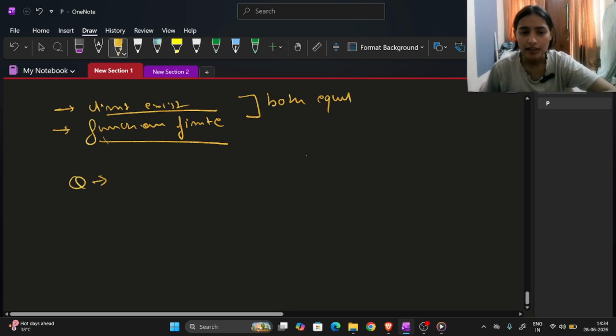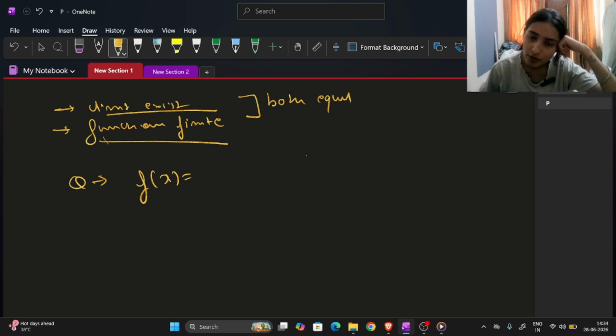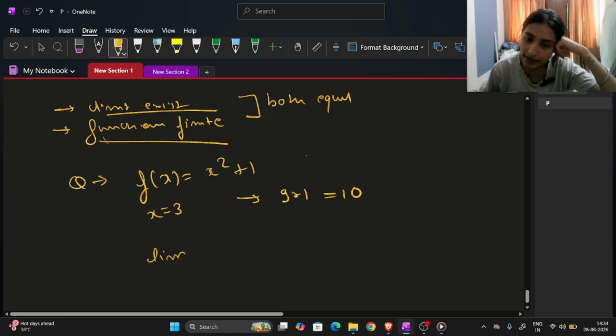Let's understand with the solution. We have a function f(x) equals x squared plus 1, simplest, and x equals 3. Now 9 plus 1 equals 10. At the same time, for the limit as x tends to 3, we solve x squared plus 1. In the limit, the solution would be the same because it is solved by direct substitution, so it is also 10.